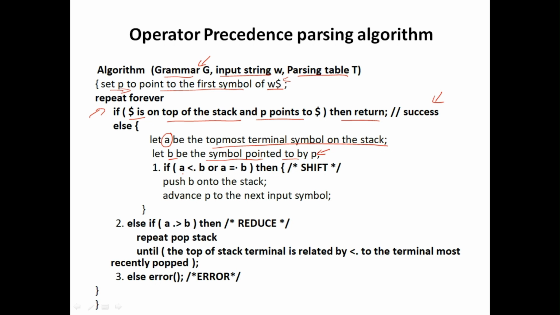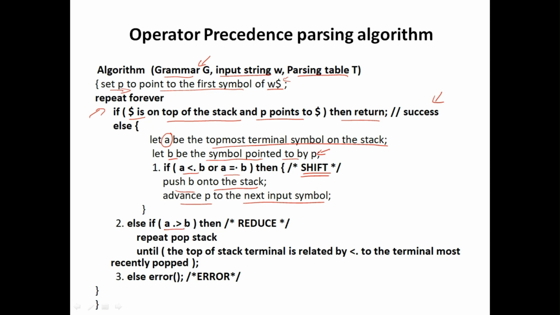Now, if A has less precedence than B, or A has equal precedence to B, then we have to perform shift, that is, push B onto the stack and advance P to the next input symbol. So shifting is done when the top of the stack has less or equal precedence than the current input symbol.